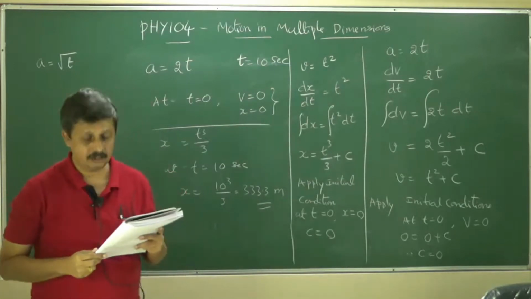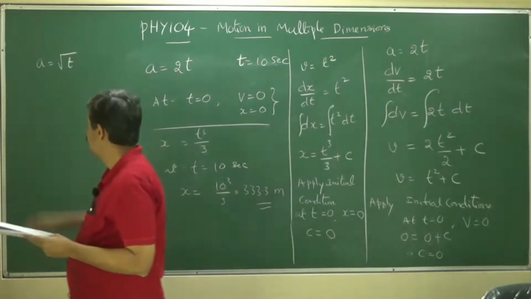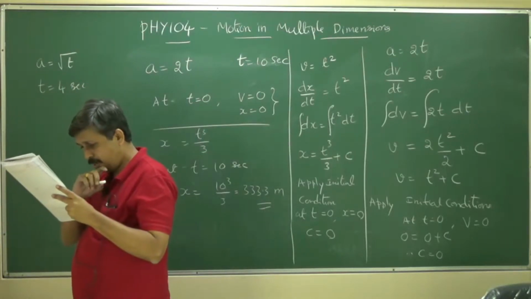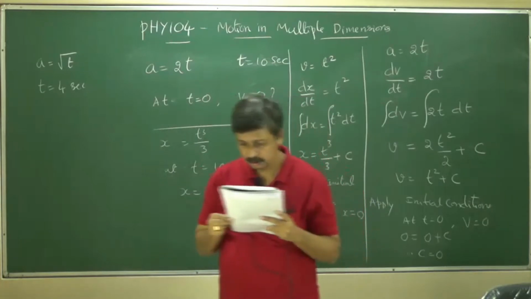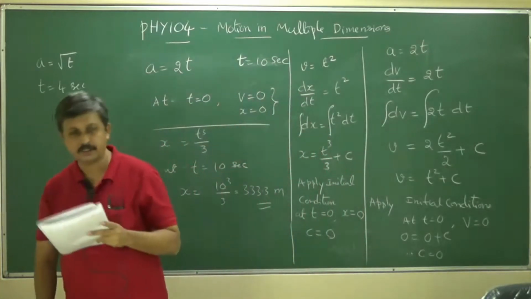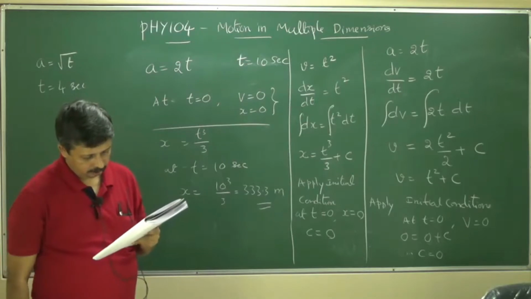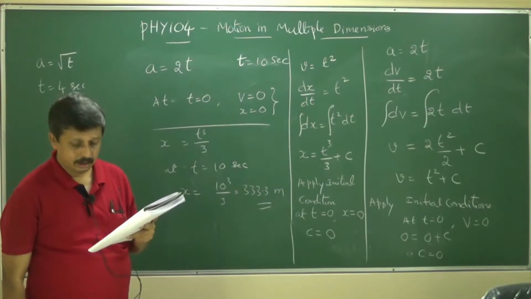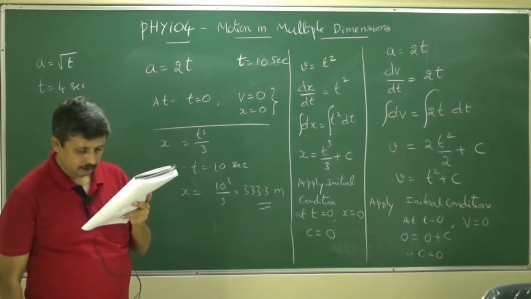Find the distance travelled by the particle in 4 seconds, if its initial position is 2 meters from the origin and initial velocity is 10 meters per second.